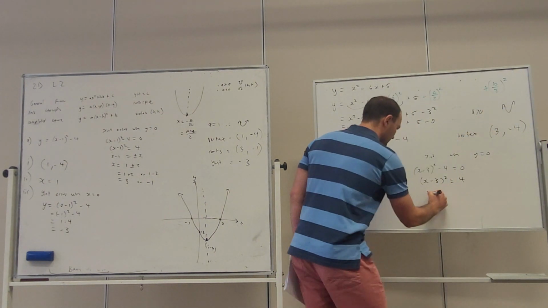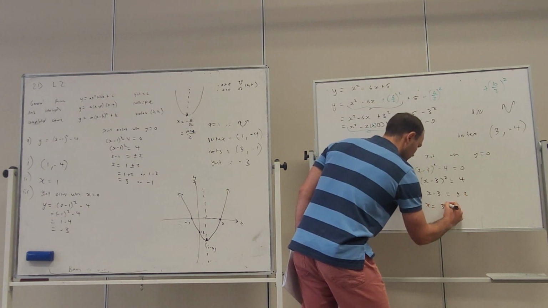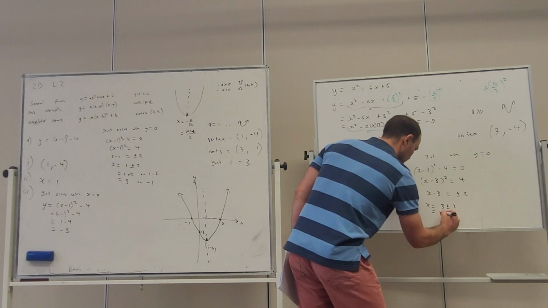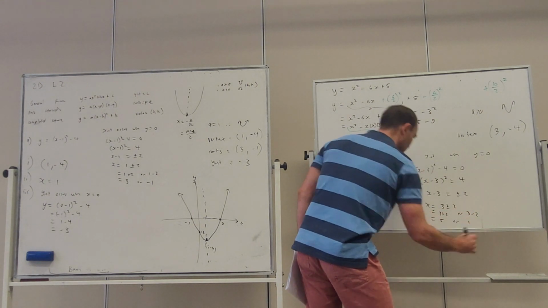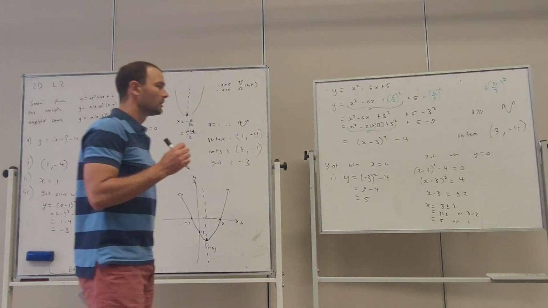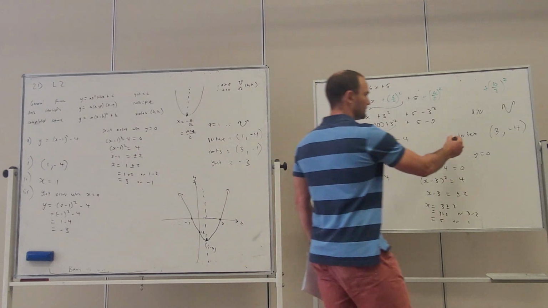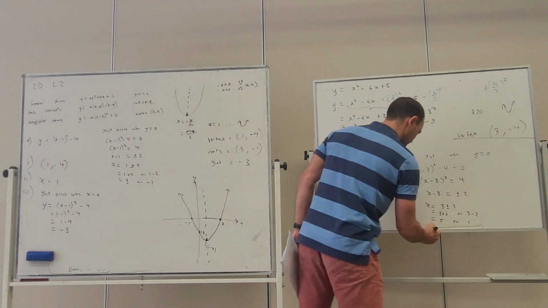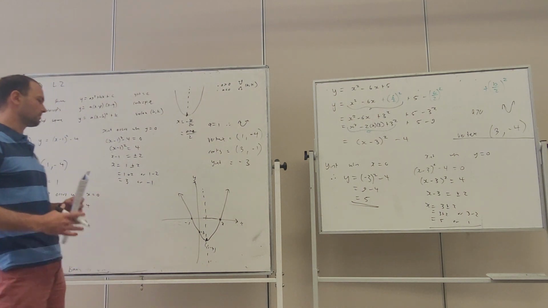Square root both sides. And then move the 3 over. And we've got everything we need. We've got vertex, we've got roots, and we've got y-intercept. We're ready to plot all of that on the Cartesian plane.